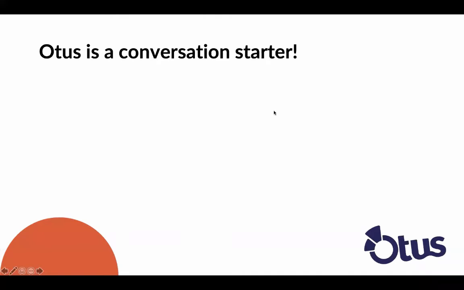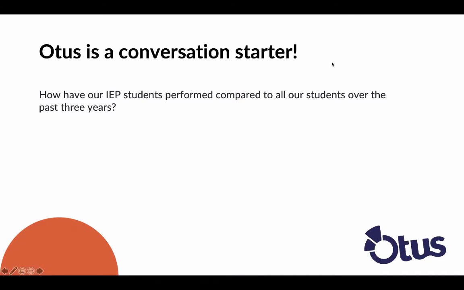So we really see historical analytics as the way to turn Otus into a conversation starter. Certain questions can't maybe be answered in Otus, but can certainly be discussed by what you see in Otus. So how have our IEP students performed compared to our other students over the past 3 years?